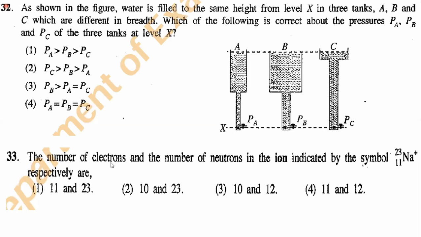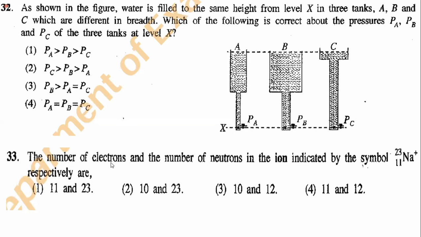The last energy level has 7; if we take one more, it becomes 8. Right? So when an electron is given to the chlorine atom, the number of electrons becomes 18.